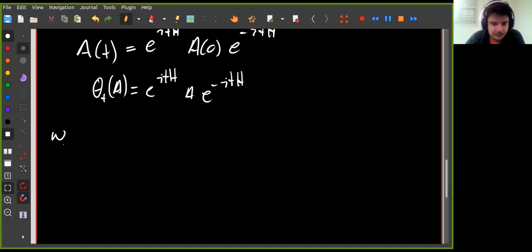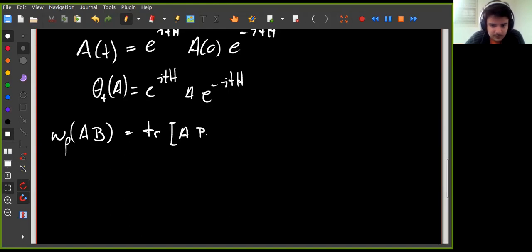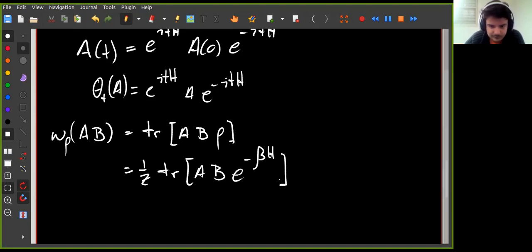One of the properties we're going to have is that the expectation value of AB in a thermal state rho is given by the trace of A B rho, which equals 1 over Z trace of A B e to the minus beta H.